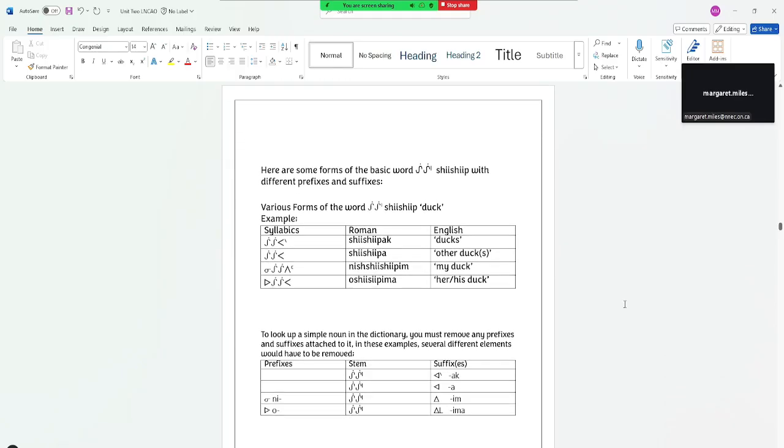Again, we did examples and I will go through the example. So here is a basic word, shishib, which means duck. And here it is written in syllabics on the right hand side.